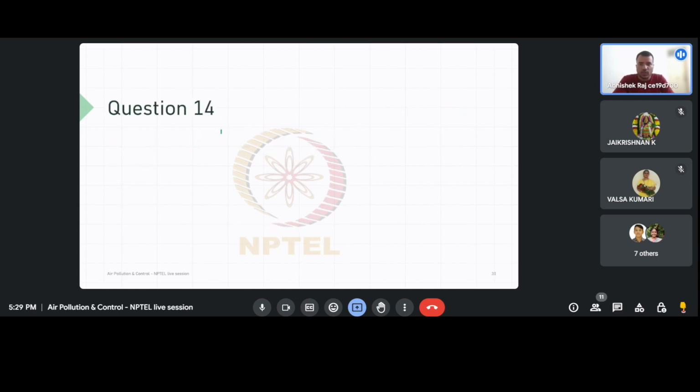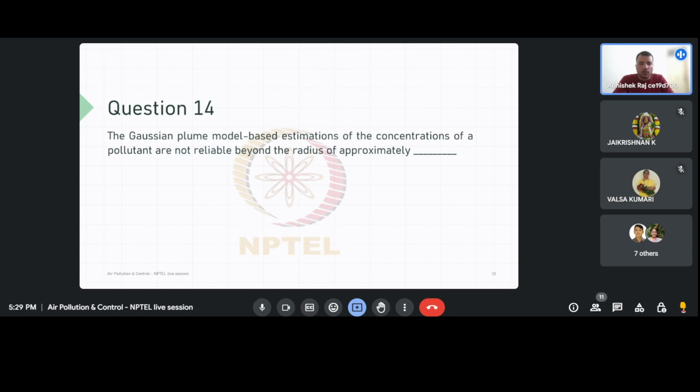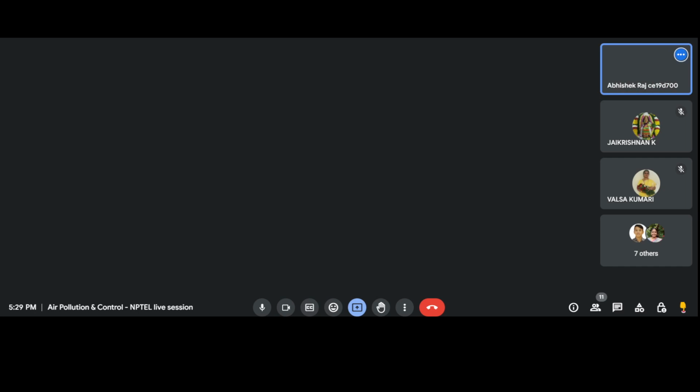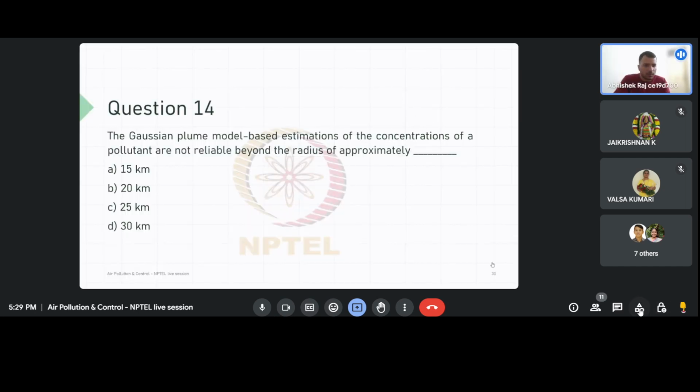Moving to question 14. The Gaussian plume model based estimations of the concentrations of a pollutant are not reliable beyond the radius of approximately. The options are 15 kilometers, 20, 25, and 30. So I will drop the poll.